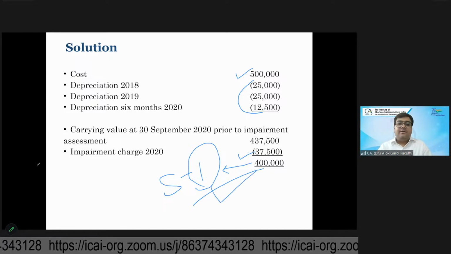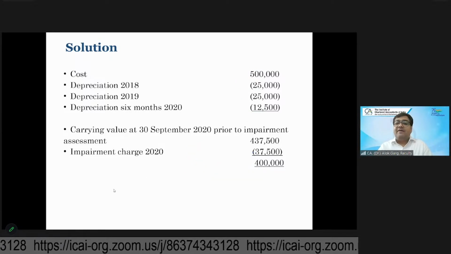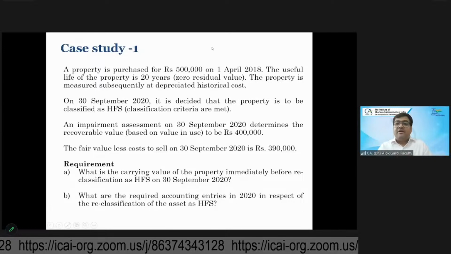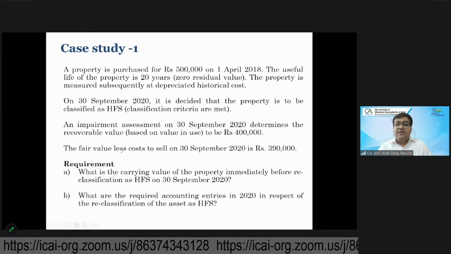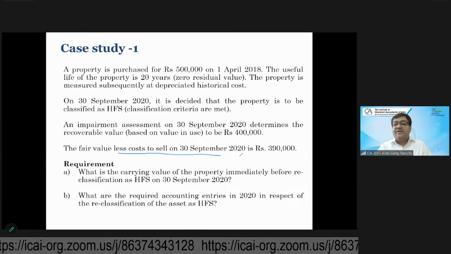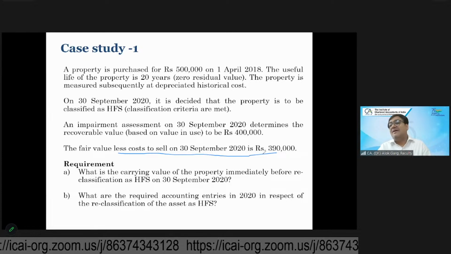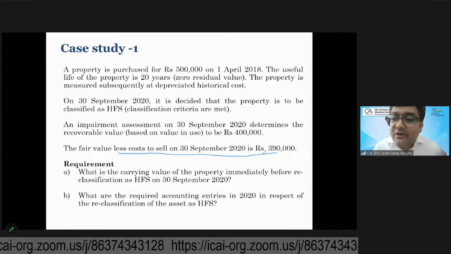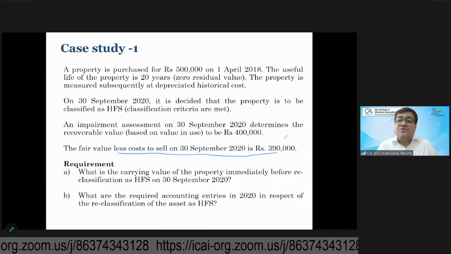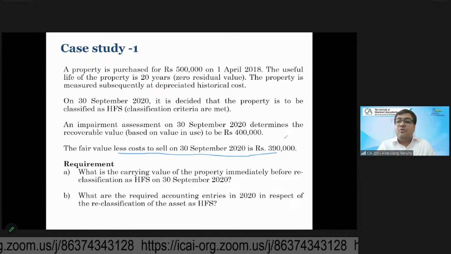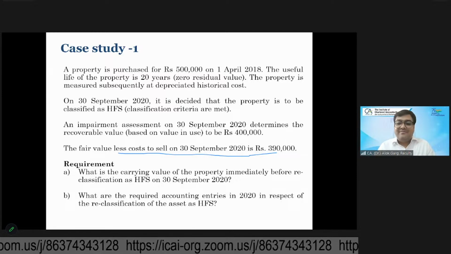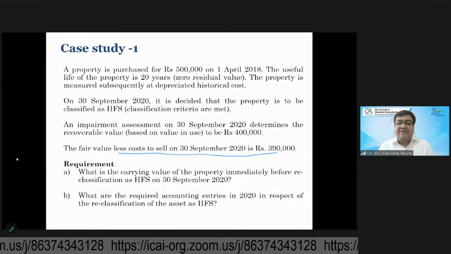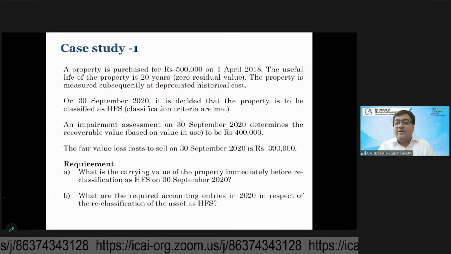Step number 2, compute fair value less cost to sell. The question has given you fair value less cost to sell on 30th September 2020 as rupees 3,90,000. What is my carrying value? 4 lakh. What is my fair value less cost to sell? 3,90,000. What is lower? Lower is 3,90,000.